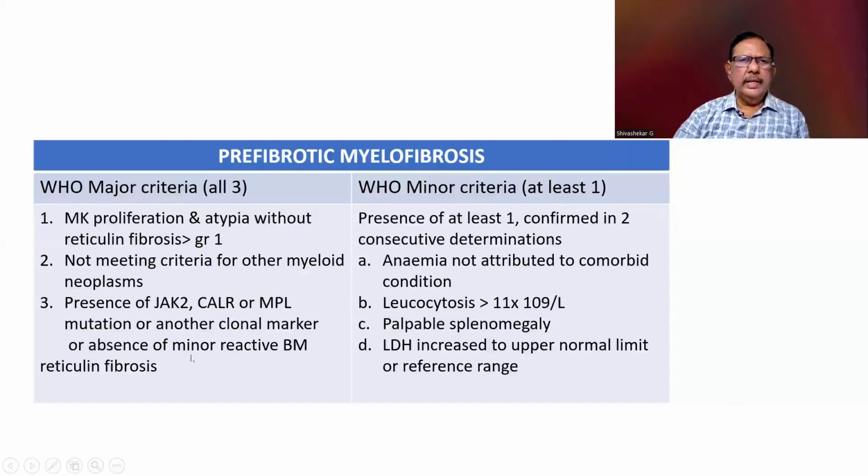And there is no other cause which can cause a reactive bone marrow fibrosis. For the minor criteria, at least one will have to be present. All the three major criteria are needed. Another catch is it has to be present in 2 consecutive examinations: anemia without any comorbid condition, leukocytosis, splenomegaly, and LDH increase. At least one should be present in 2 consecutive examinations.